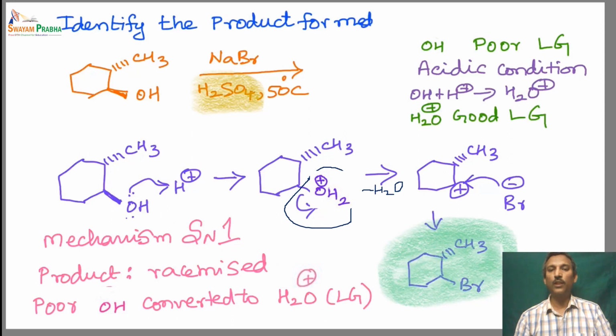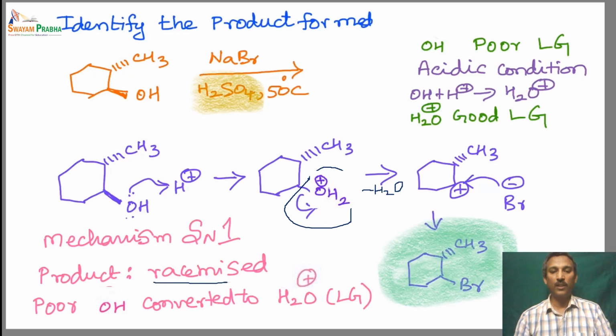We don't know the stereochemistry of this particular one, because we have a carbocation, and due to the formation of this carbocation, the bromide can attack from either side, leading to a racemic product, or both in a 50-50 ratio can be formed. So the stereochemistry cannot be identified in this particular product. That means it leads to racemization.